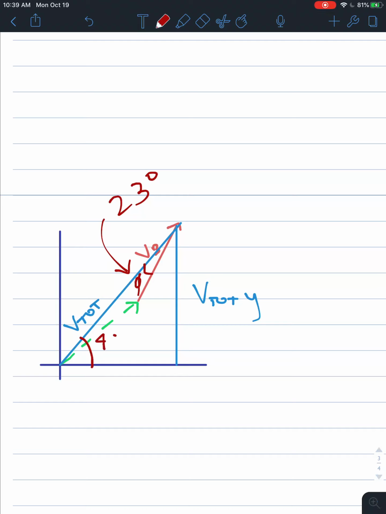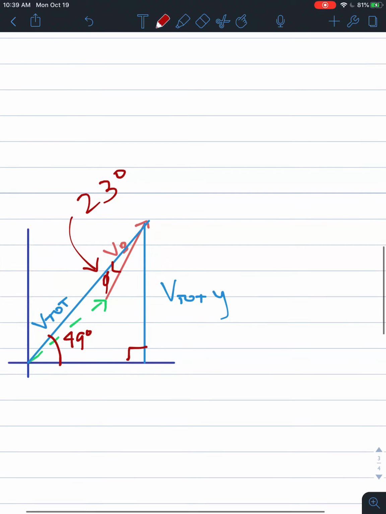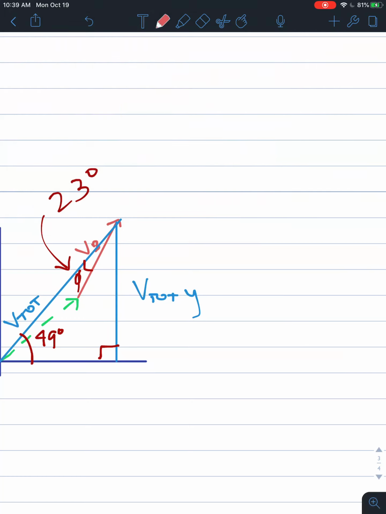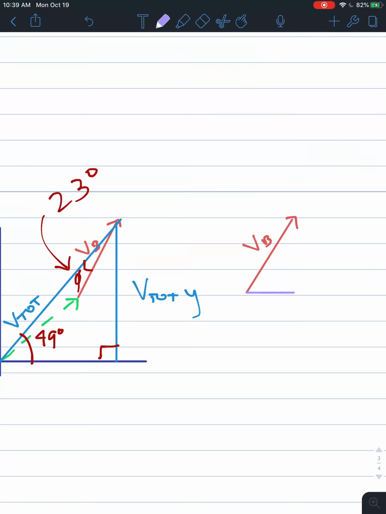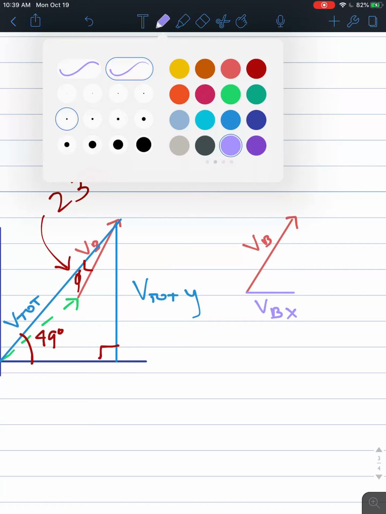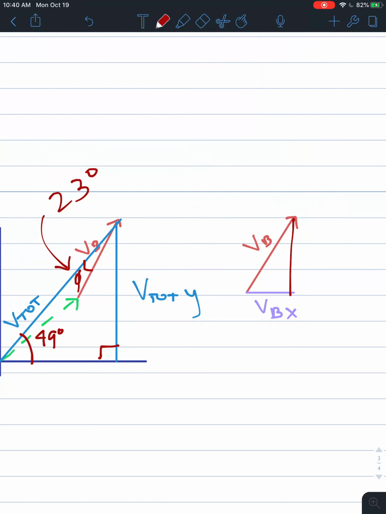We also know that this angle down here from earlier was that 49 degrees, and this is a right angle. Now I'm drawing all of this because what I'm trying to find out, so we have VB, I'm trying to find VBX and VBY, right?